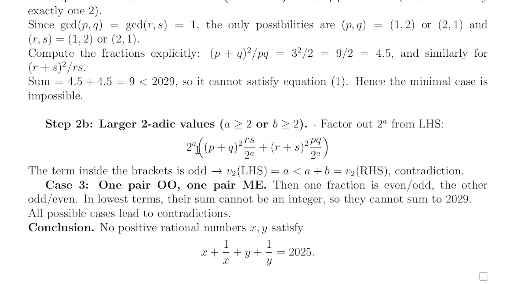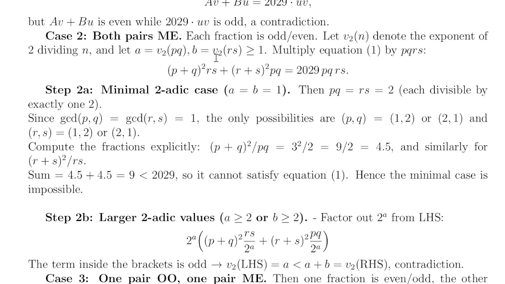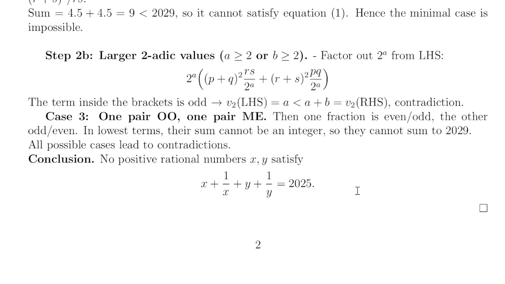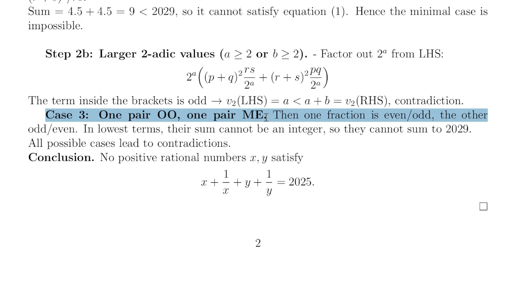Odd into 2 to the a means that a is the v2 value of the LHS, whereas the RHS will have value a plus b, because pq has the value of a and rs has the value of b. So they will obviously have 2 to the power a plus b, right? This is a contradiction.